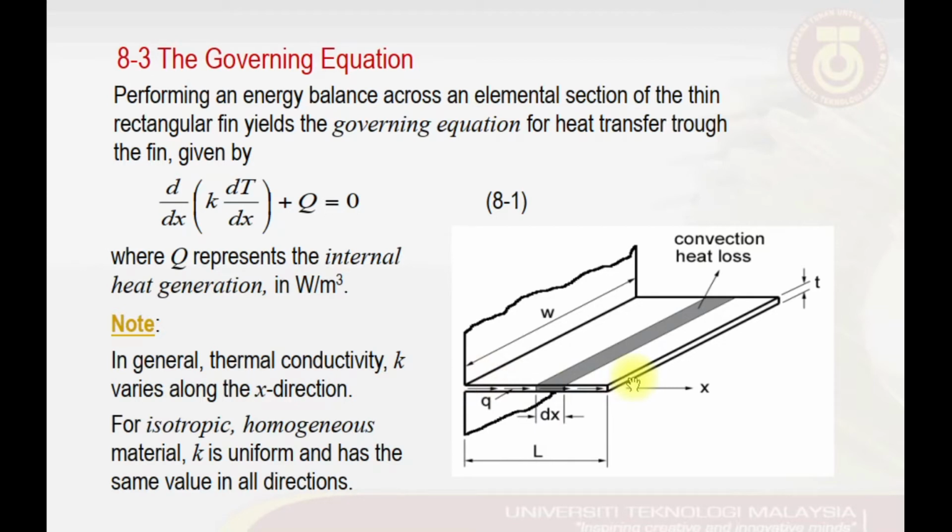But again, here we limit our discussion by considering that the material we use in our problem is isotropic and homogeneous, which means that k will be uniform and has the same value in all directions.